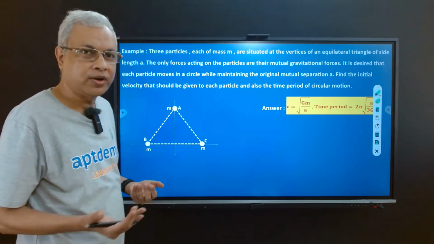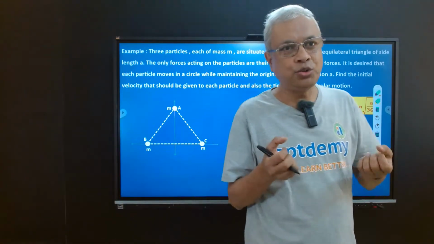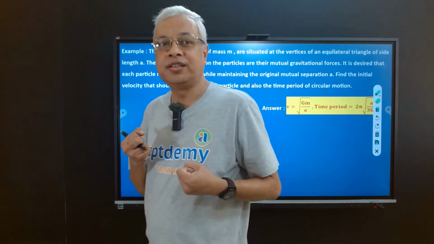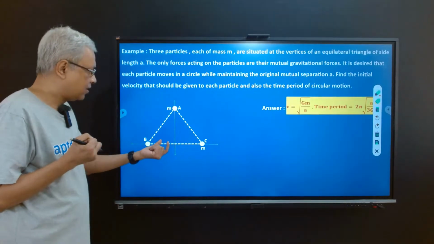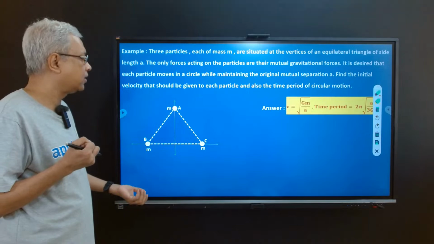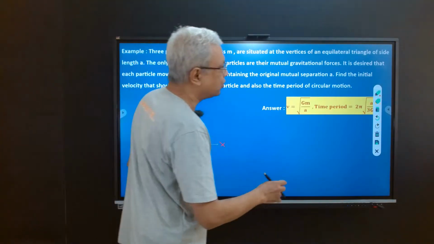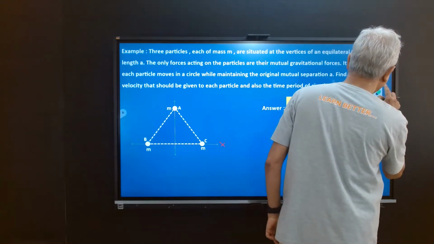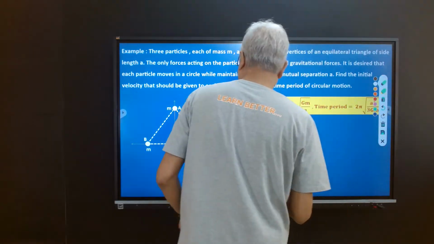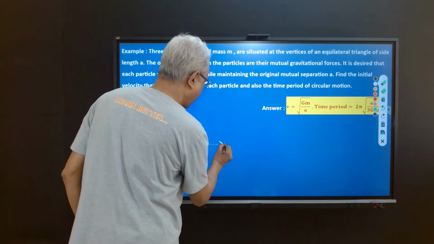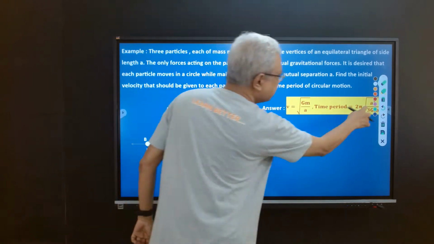You can choose any coordinate system, but I should select one which is convenient for calculation. So I choose a coordinate system like this. Let me select the white color. This is the x coordinate.